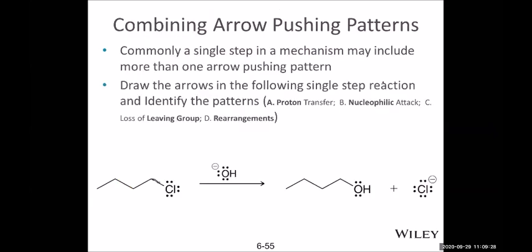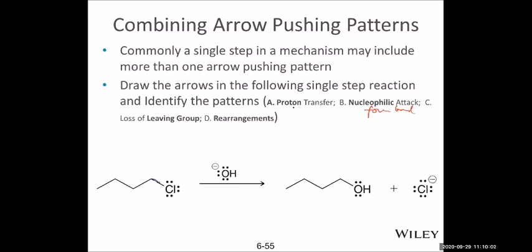So this is pretty much the end of the new material. We'll go through some extras. These are just steps I drew. You can combine arrow pushing patterns. The 4 arrow pushing patterns are proton transfer and nucleophilic attack, Type B, which forms a bond.